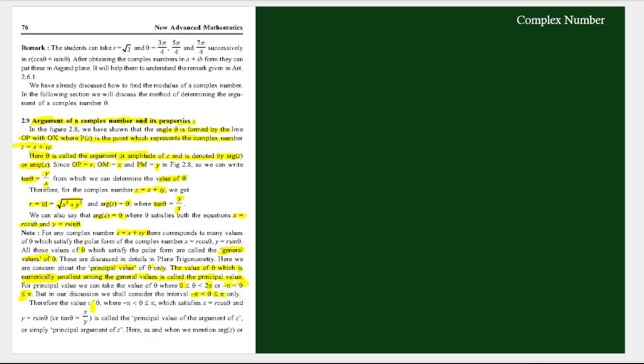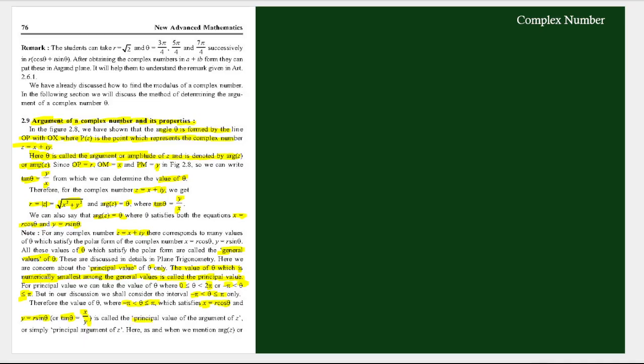So the value of theta, where theta is greater than minus pi and less than or equal to pi, satisfies x equal to r cos theta and y equal to r sin theta, or tan theta is y by x.